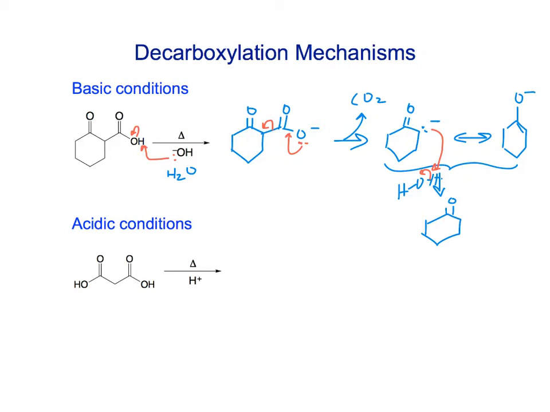Okay, so tell me, if you look at this reaction here, and we made one small change to that structure, like this, and I'm just going to make that conjugate base, do you think this one, if we just heat this up, will decarboxylate?